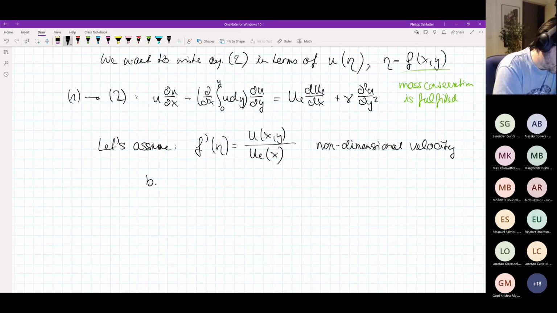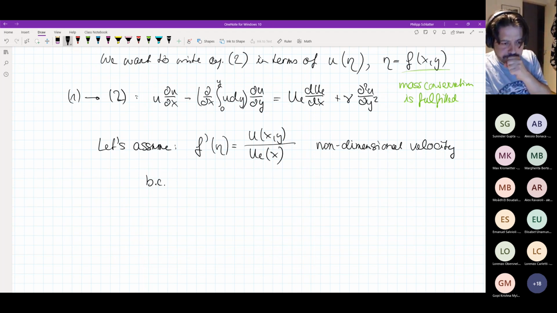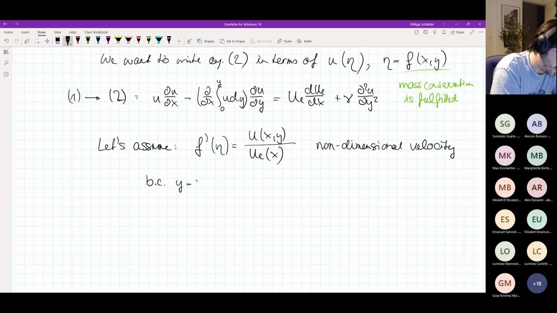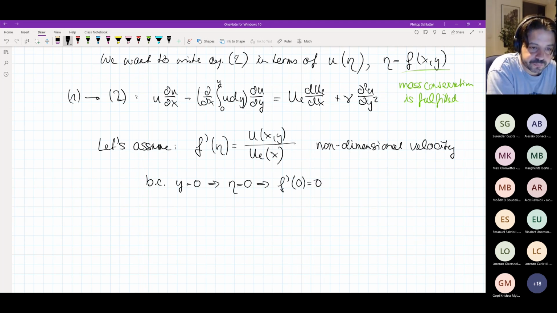That, of course, also means that my boundary conditions now need to be written in f and not in u anymore. My boundary condition at the wall, at y being 0, corresponds to my non-dimensional variable eta being 0, and that means that f prime of 0 would be 0. This would be equation number 3.